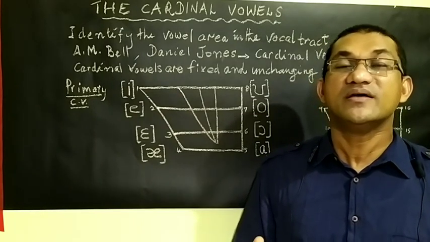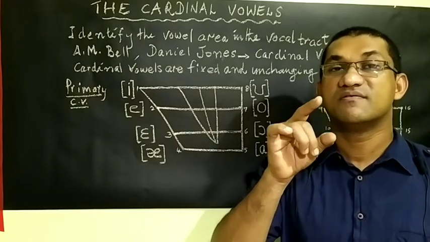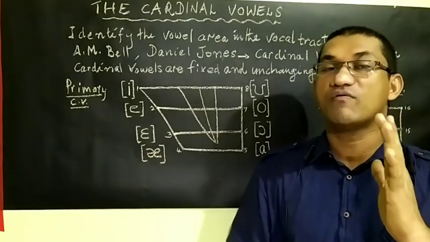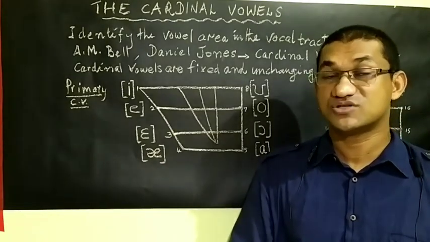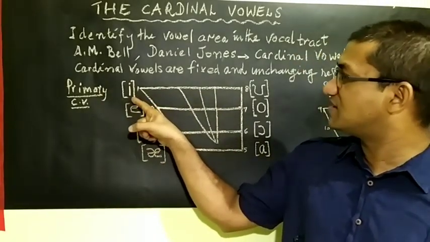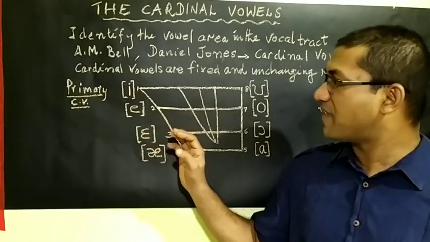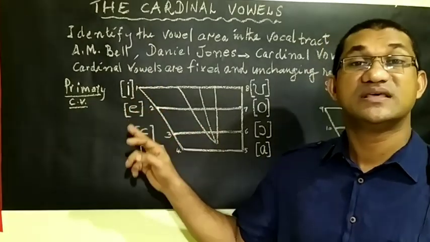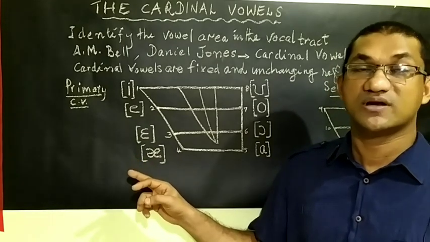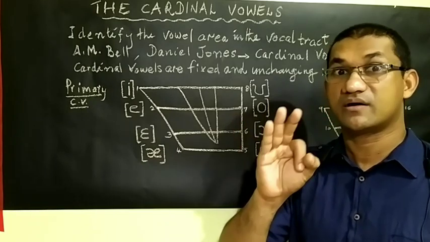The front of the tongue is very close but makes no contact; if it touches the roof of the mouth, it becomes a consonant. So three things: maximum fronting, maximum closeness, unrounding.